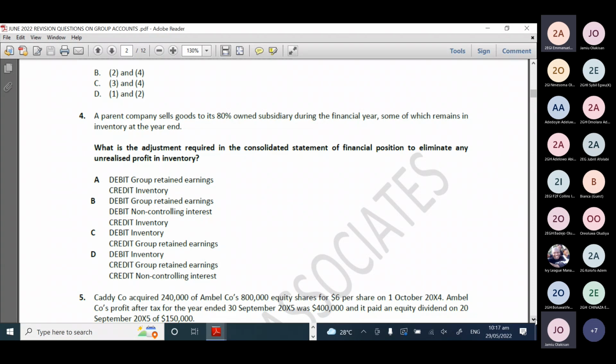What is the adjustment required in the consolidated statement of financial position to eliminate any unrealized profit in inventory? A, debit group retained earnings, credit inventory. B, debit group retained earnings, debit non-controlling interest, credit inventory. C, debit inventory, credit group retained earnings. D, debit inventory, credit group retained earnings, credit non-controlling interest.